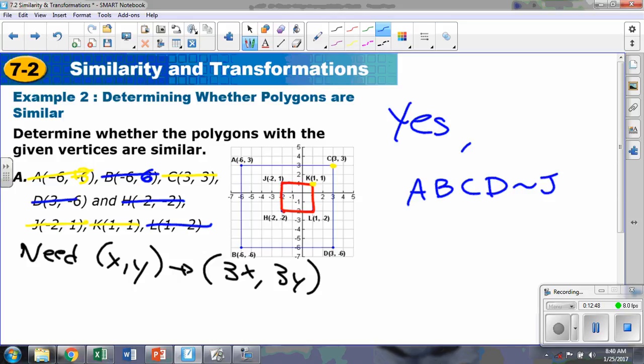A corresponds with J, B corresponds with H, C corresponds with K, L corresponds with D. And so I've written this down, and I would like you to stop and figure out what's wrong with that.